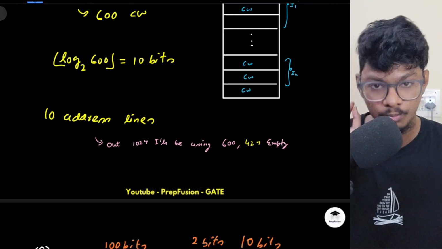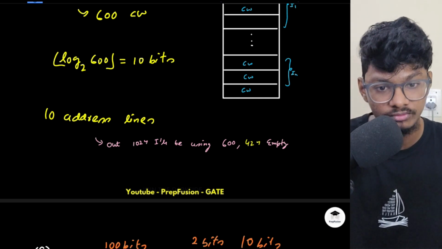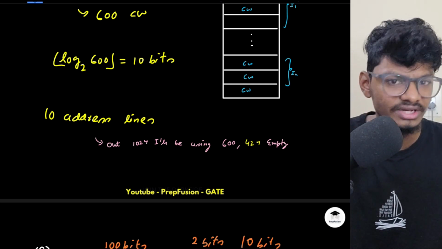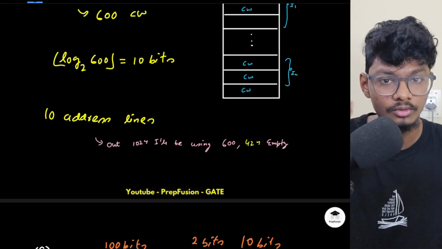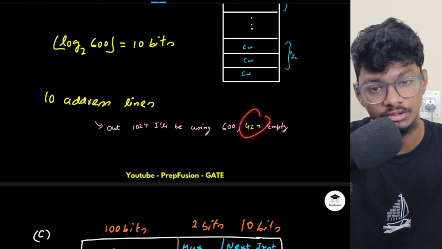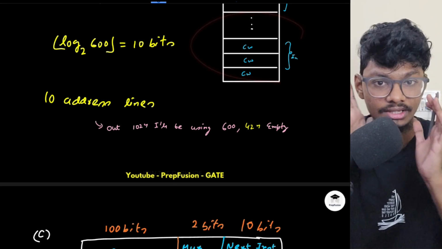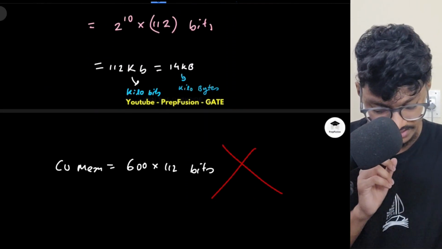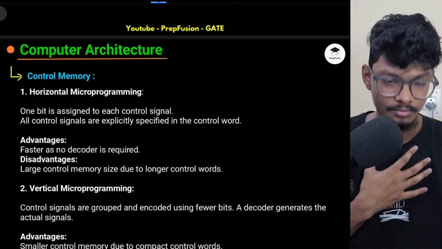Once you assign 10 bits, whatever memory is there, all of it will be used for control unit. It's okay if you are not using all the instructions, that's fine. You're not using all the memory, that's fine, that's your decision. But you cannot do it like this, that you are only using 600 and you are keeping 424 empty for something else. No, it doesn't work like that. It is a separate quantity, it is within this control unit. You cannot use it for some other things. So don't multiply 600 by 112, you will make a mistake here. So that's what I wanted to mention.